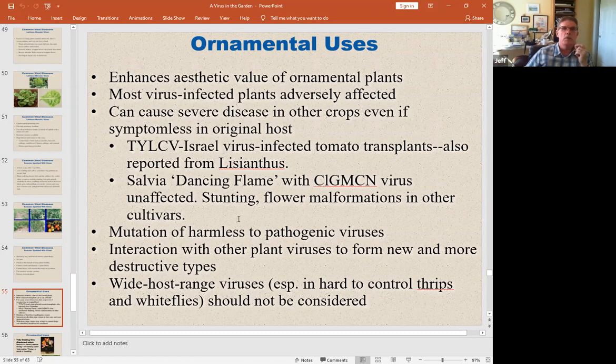Or if you see those bugs that she talked about, as long as they're not known to transmit viruses, you can assume the feeding was from those bugs. If you don't see the bugs, then you're in a little bit more difficult situation. There are insects that actually inject toxins into plants.